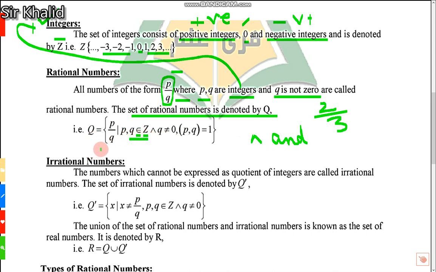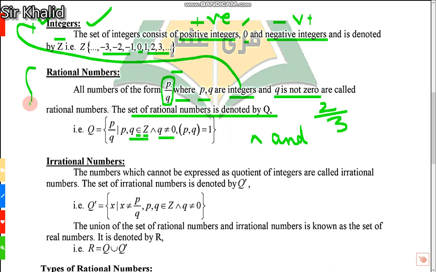While reading this set builder notation, Q is equal to P over Q, such that P and Q belong to Z, Z is the set of integers, and Q is not equal to 0. These are the conditions for rational numbers.